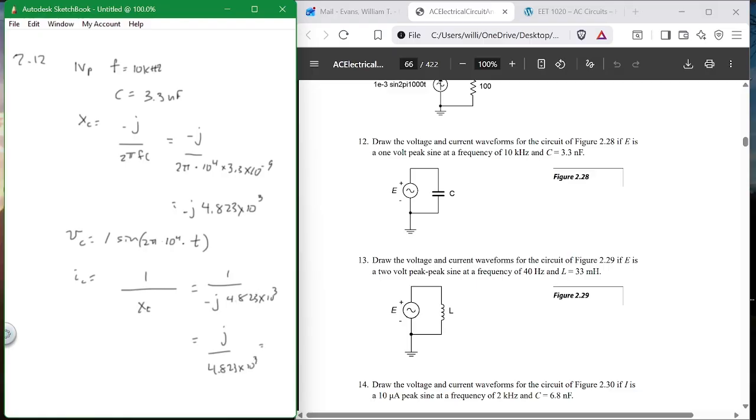So what does this equal? Well, you forget about the J for a minute and you get the value of the magnitude, which is 0.207 milliamps.